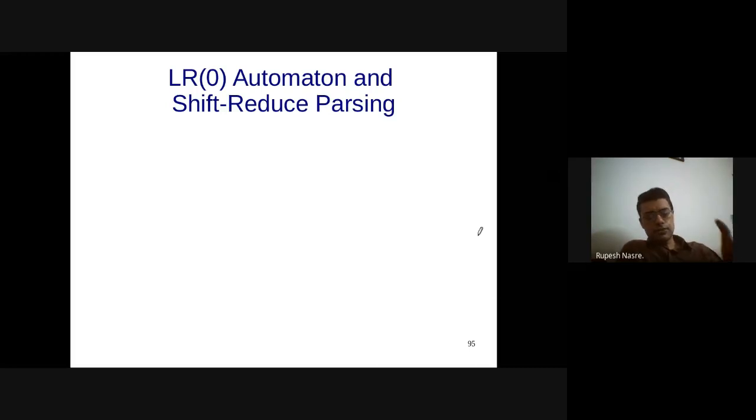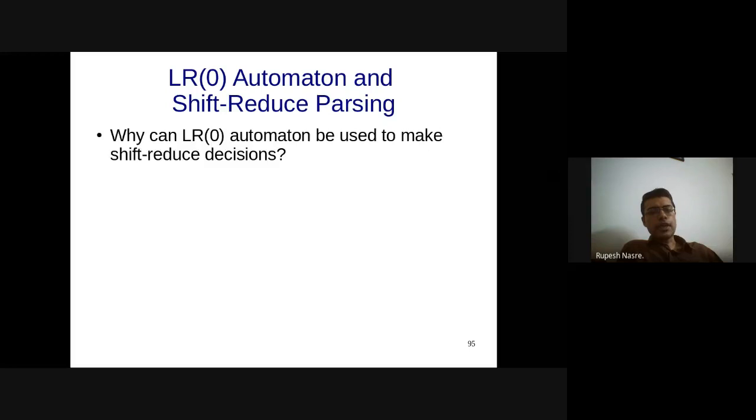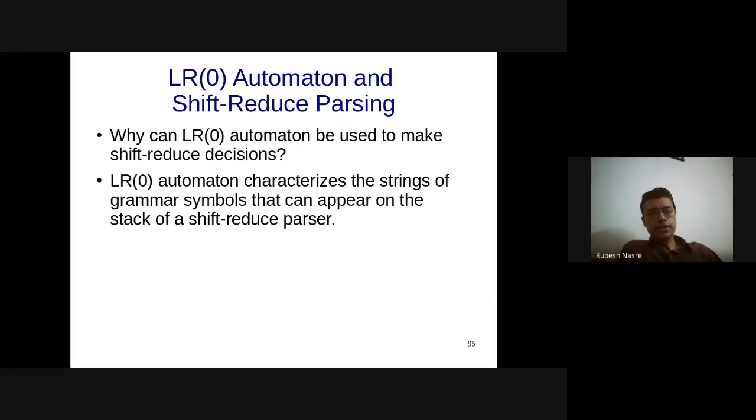So we looked at how that SLR1 parsing table is built. Let's understand some portion of the viable prefix which we are actually reducing on top of the stack. So the question is, why can the LR0 automaton be used to make these shift reduce decisions? That happens because the string of grammar symbols that appear on the stack are characterized by the LR0 automaton.